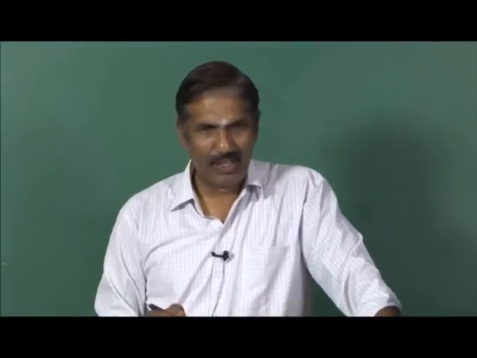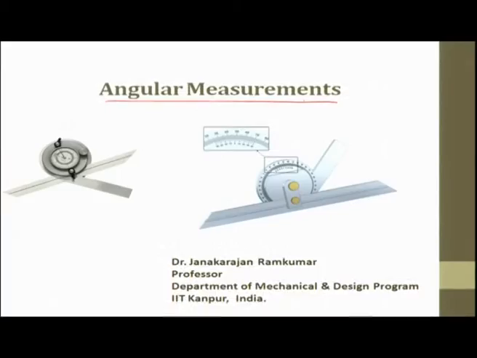If you look at angular measurement, these are some of the devices which, as and when we go, we will see in detail. You can see here there is a scale, or a flat plate or a flat base. This is a reference for the entire instrument. This reference should butt against another reference which is perfect. Only then can you start measuring the angles.